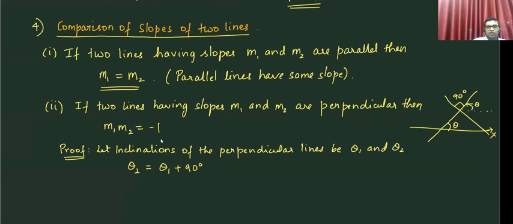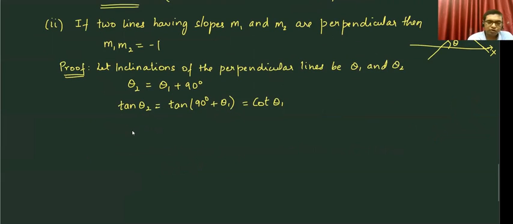So tan of θ2 will be tan of 90 degrees plus θ1. By trigonometric ratios, this is minus cot θ1. Okay, this is cotangent.